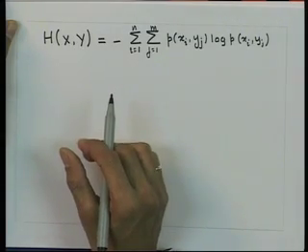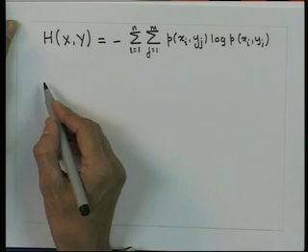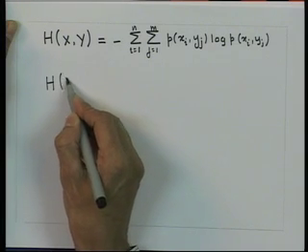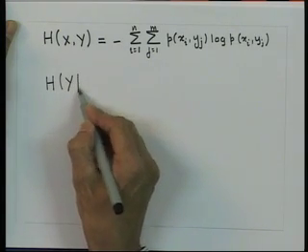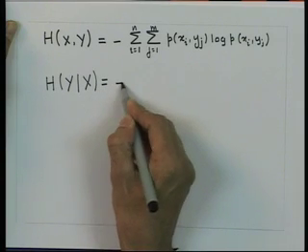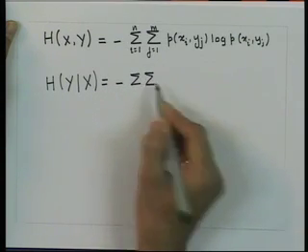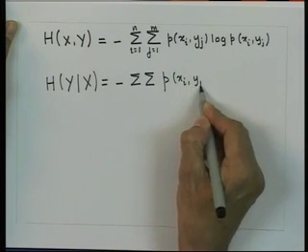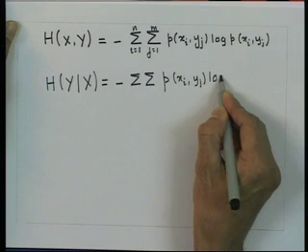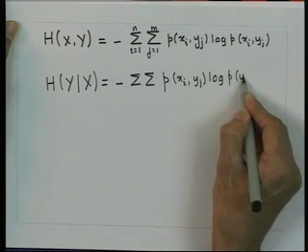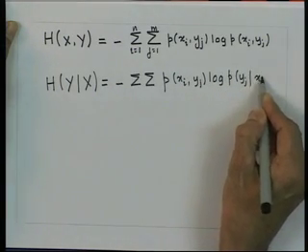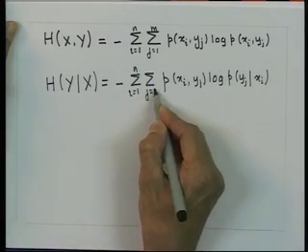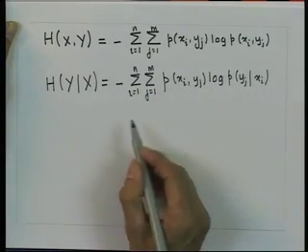Another information measure which we defined was the conditional information measure, and that was defined as h of y given x equal to minus summation over xi, yj of log of probability, j equal to 1 to m.